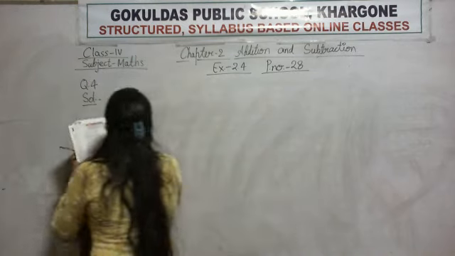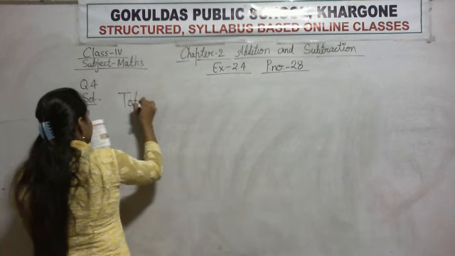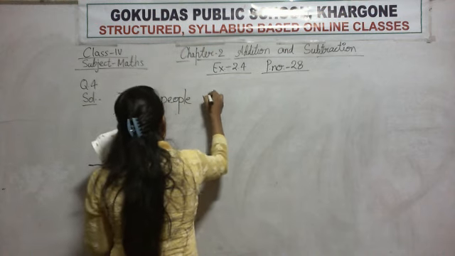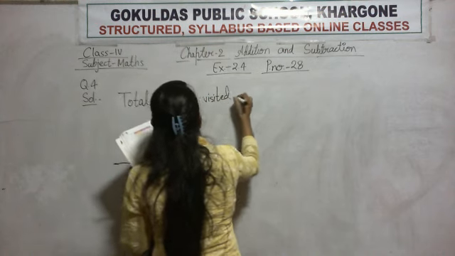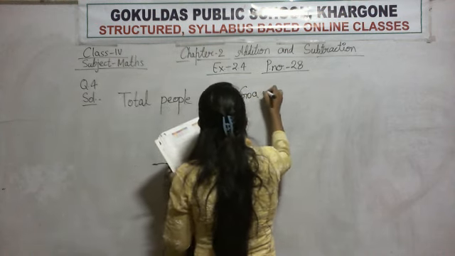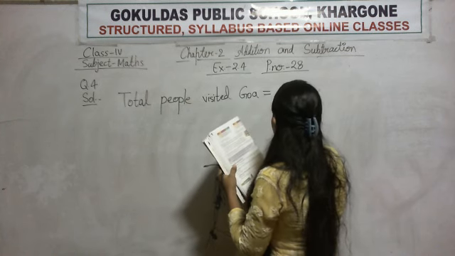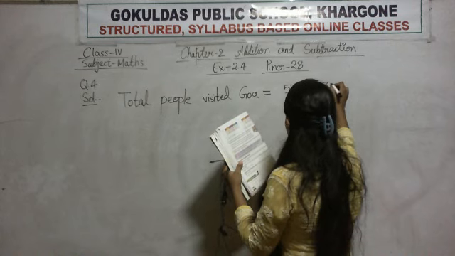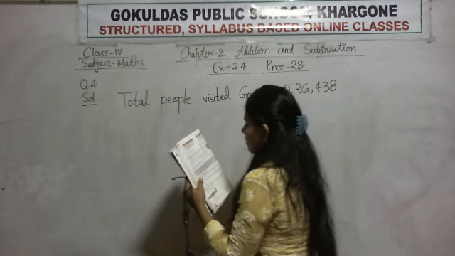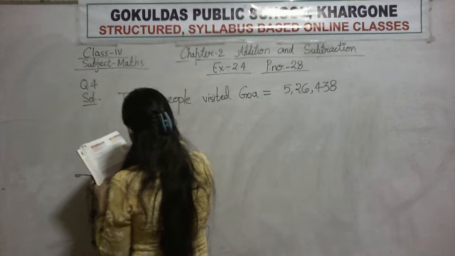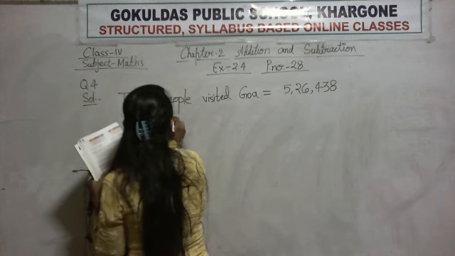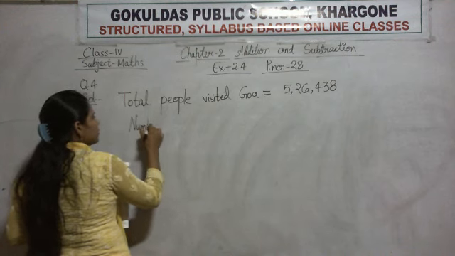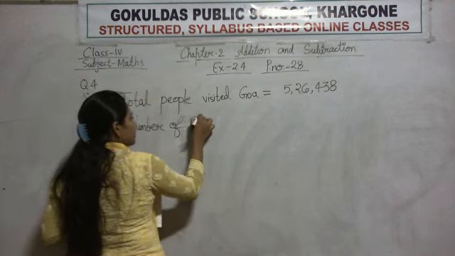Okay. So total people visited Goa: 5,26,438.